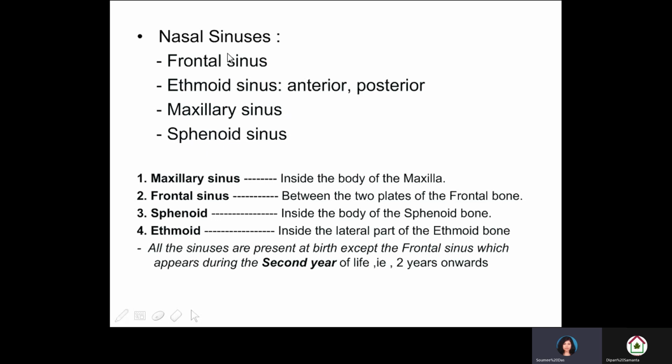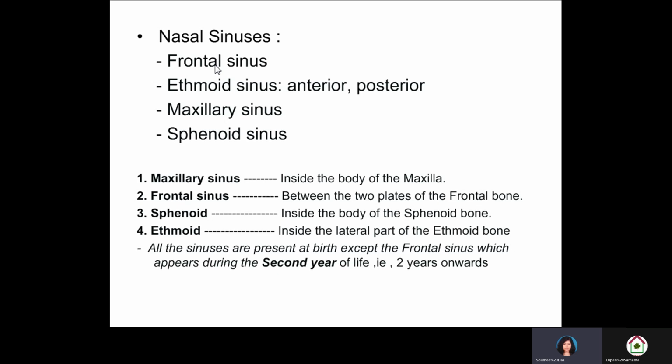sinus. Frontal sinus is 1, ethmoid sinus is divided into anterior and posterior. Maxillary sinuses are there on both sides. Bilateral maxillary sinuses are there, and bilateral sphenoid sinuses are also there. Frontal sinus can be divided into 2 halves, left and right.